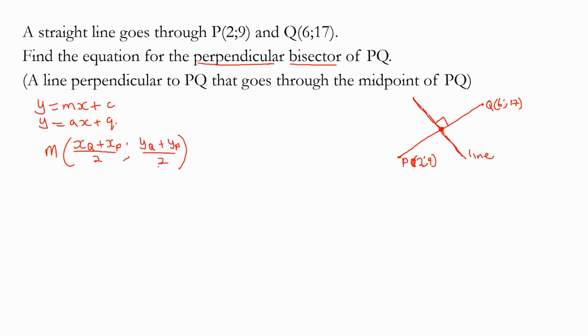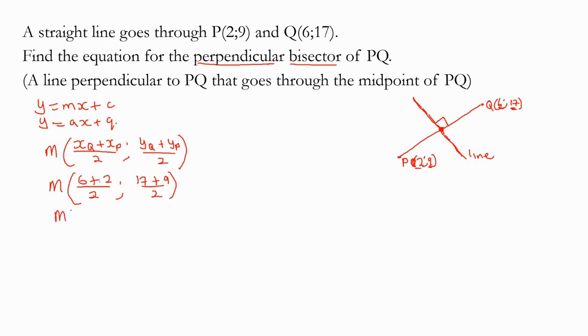So M is 6 plus 2 divided by 2, and 17 plus 9 divided by 2.